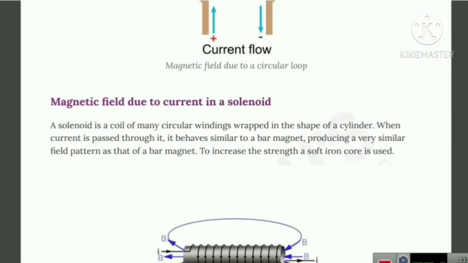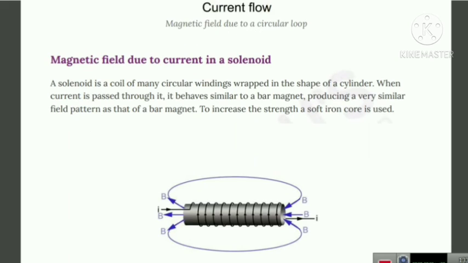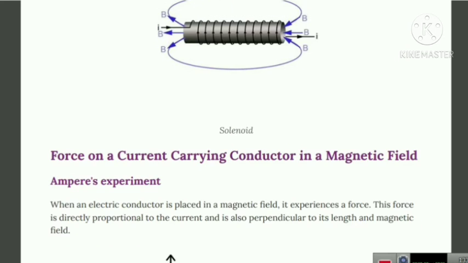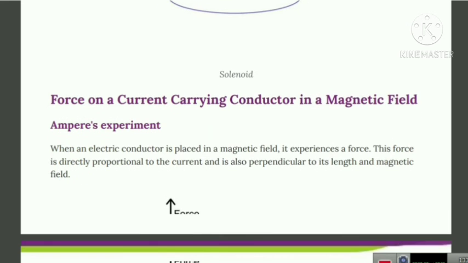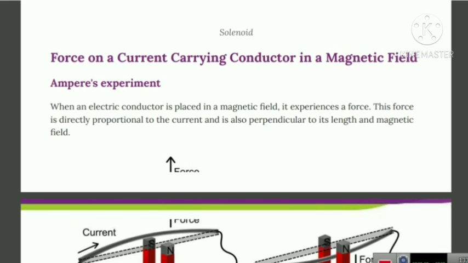Now we will see the third case, that is magnetic field lines due to current in a solenoid. Already we have seen the solenoid, and the force on a current carrying conductor in a magnetic field.